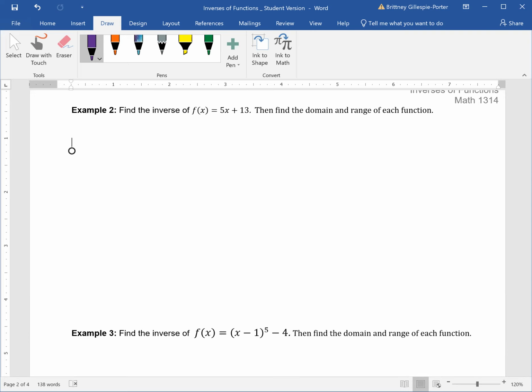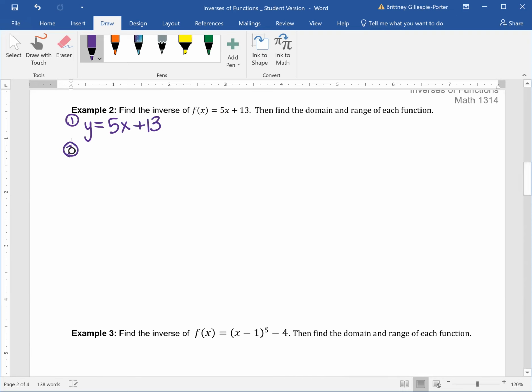It's a polynomial, which means that we already know the domain of this one, but that's all right. Let's go ahead and work this out and then we'll talk about it. So to find the inverse, first step, replace f of x with y.